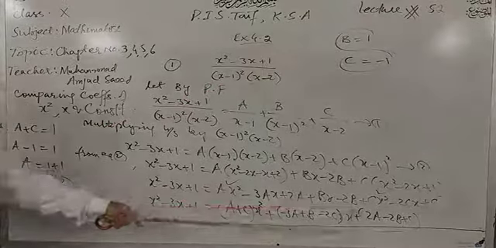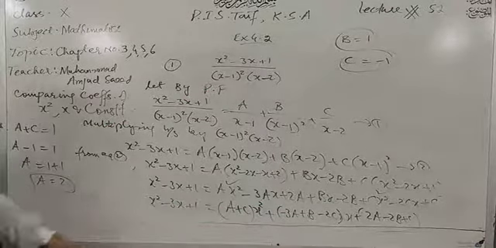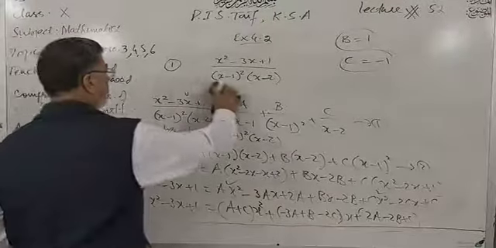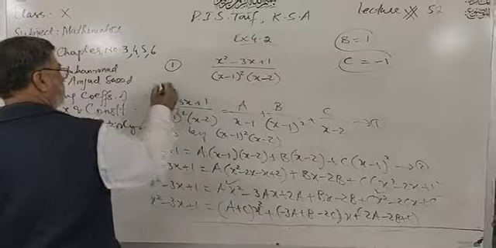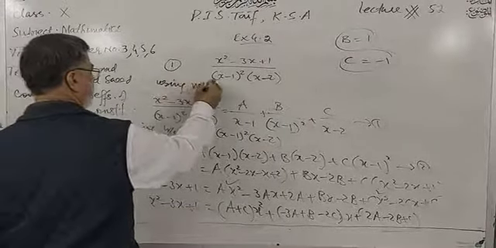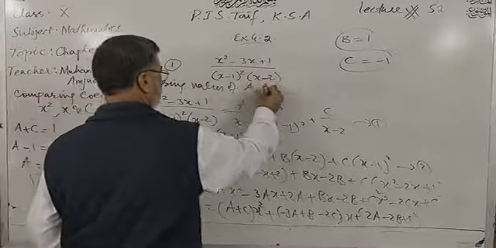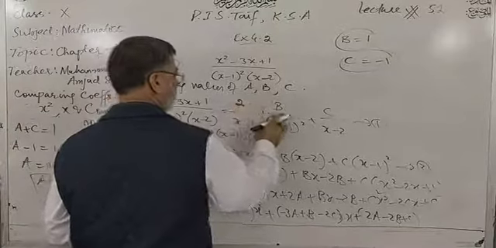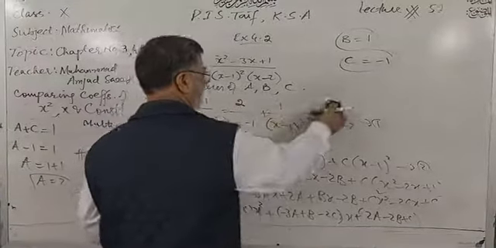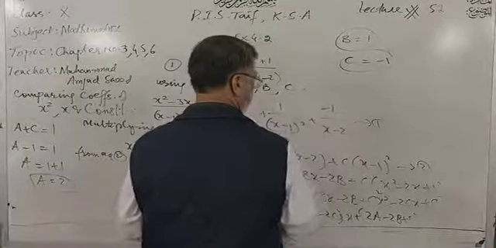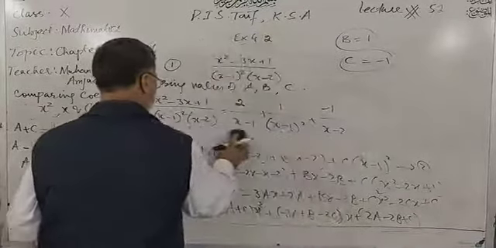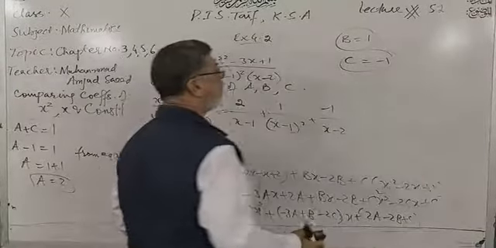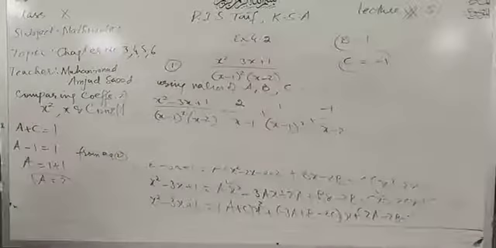For the second and third terms, you already have the constants, no need of writing them. Using the values of A, B and C: A is 2, B is 1 and C is −1. So dear students, that is your required answer.